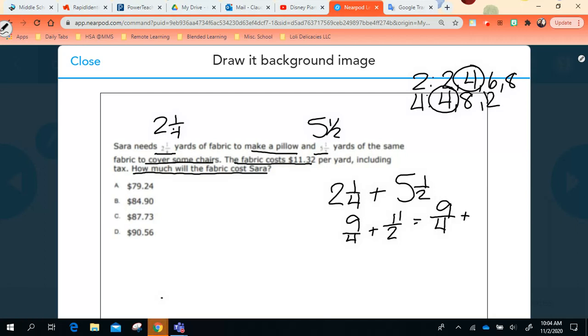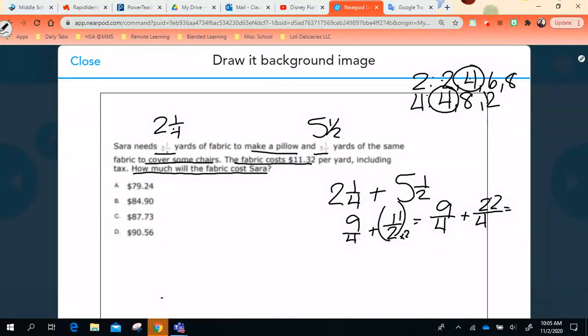Now I need to change 11/2. What do I need to multiply 11/2 by to change it? 2, because I count 1, 2. So I'm going to multiply it by 2. And what's 11 times 2? 22/4.